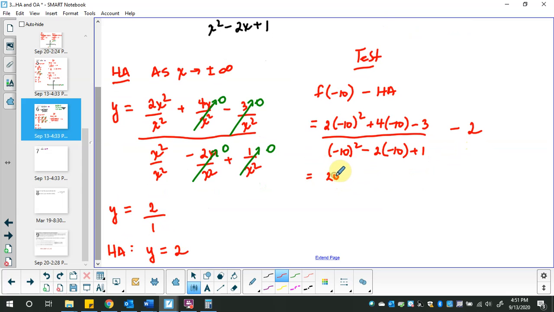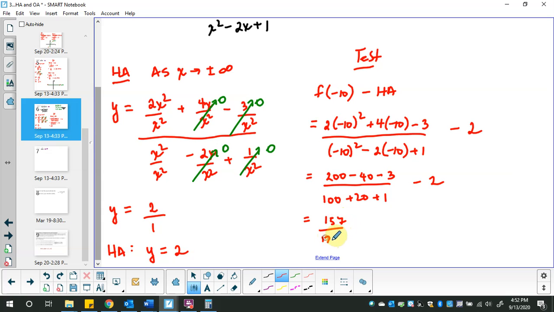So 200 minus 40 minus 3 over 100 plus 20 plus 1 minus 2. So 200 minus 40 is 160. 160 minus 3 is 157.